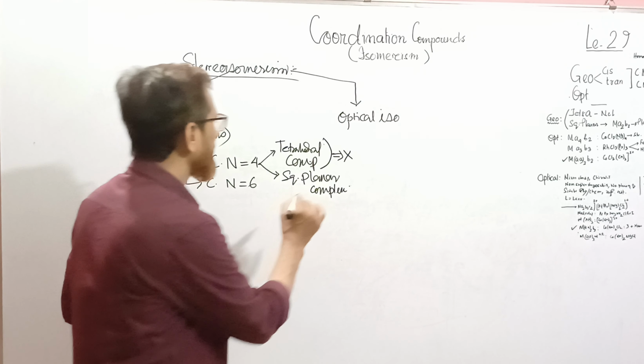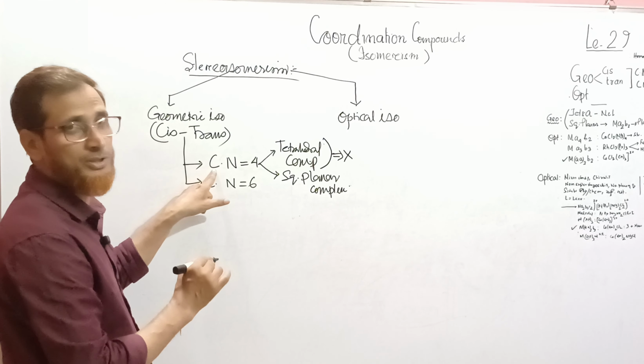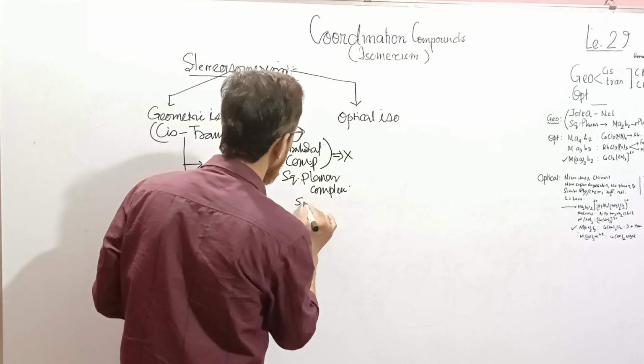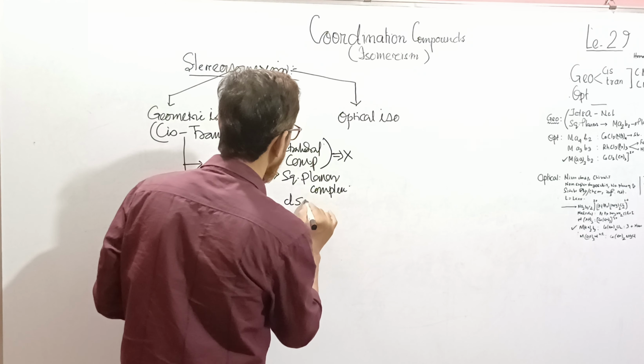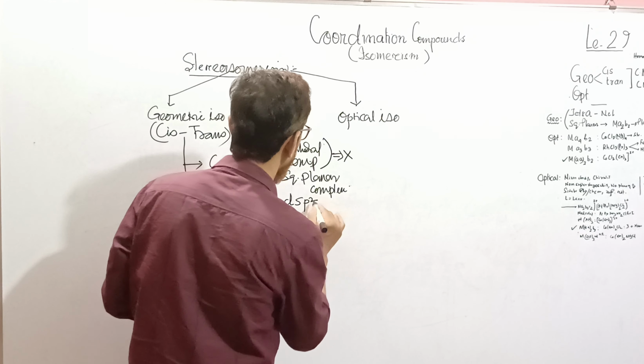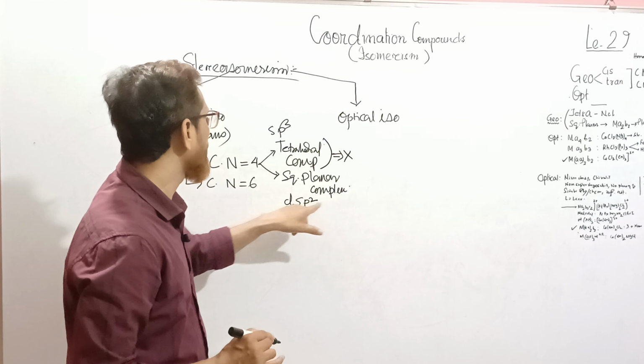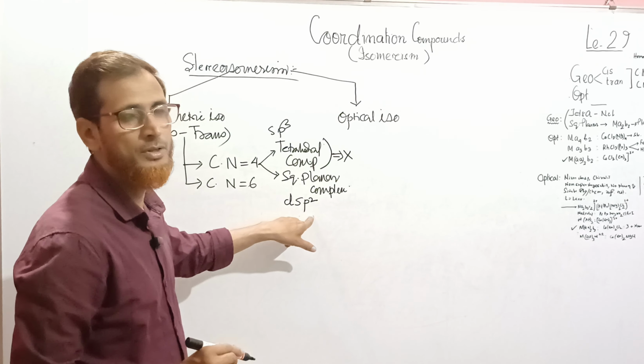So geometrical isomerism for complexes having coordination number 4 is shown by square planar complexes. Here the hybridization is dsp2, not sp3. A bit later I am coming to it. So that type of square planar complex will show you cis-trans type of isomerism.